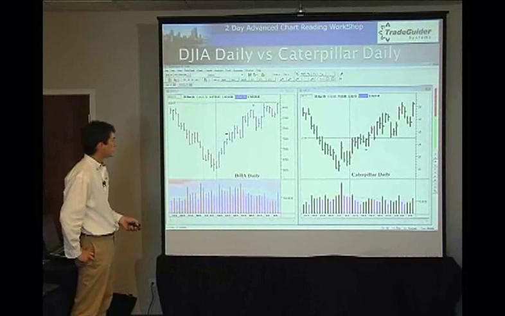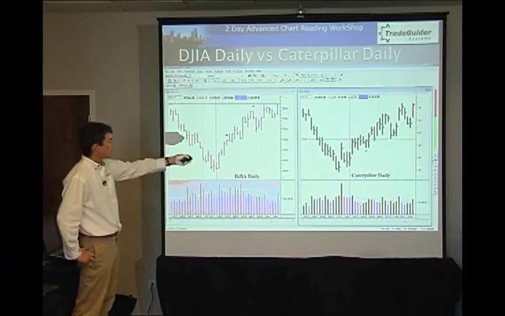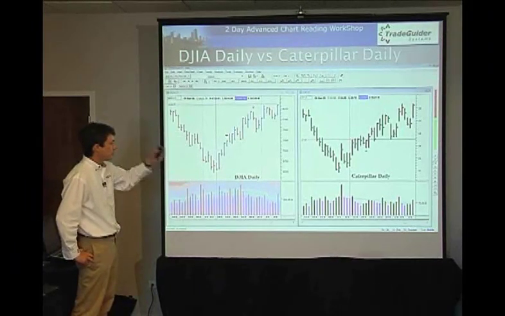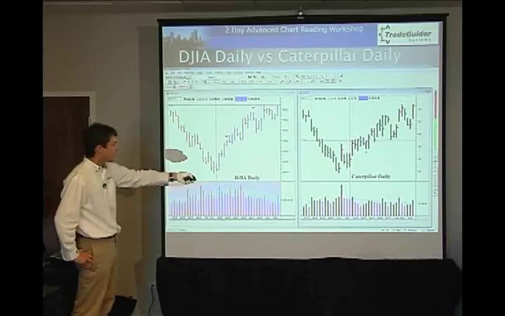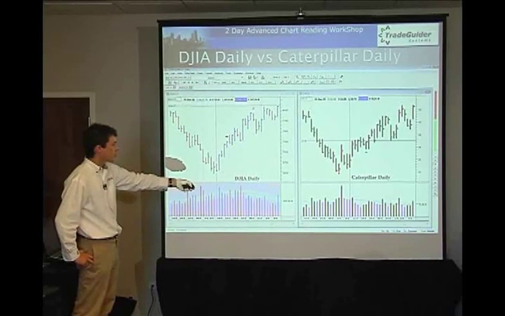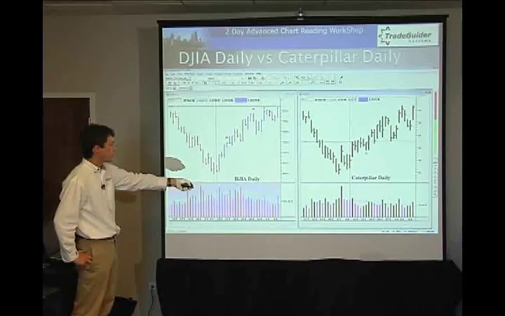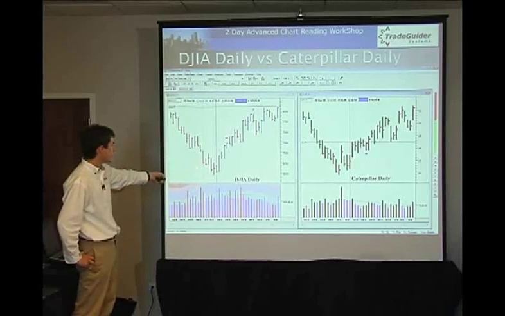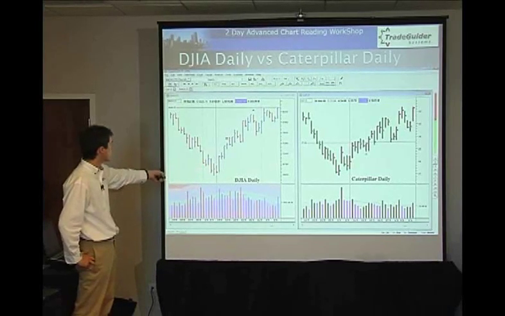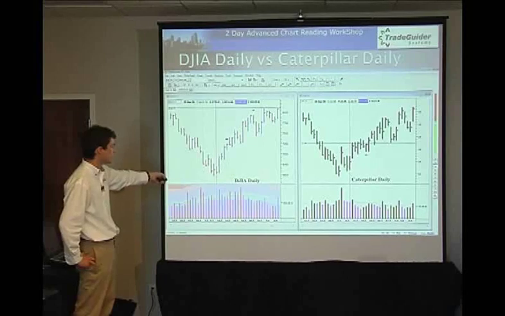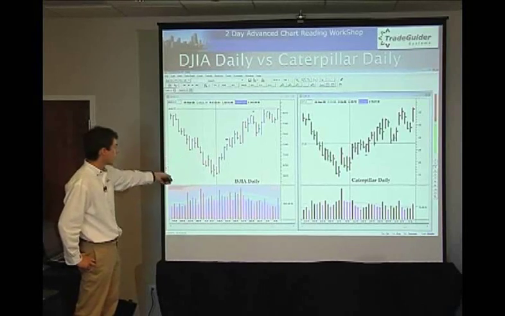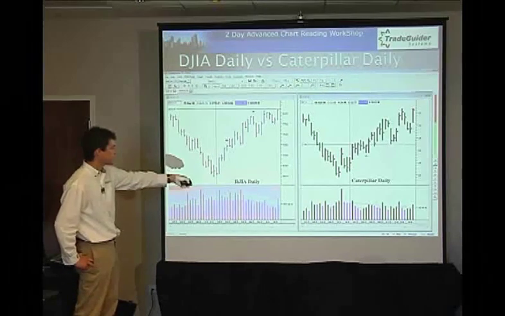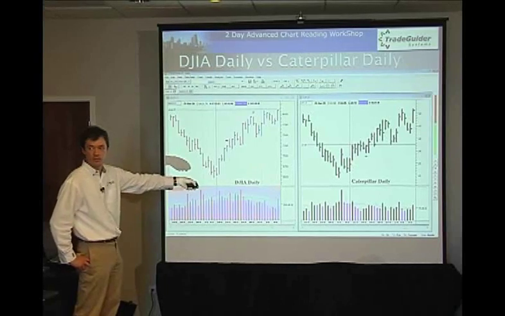Now, as you can see here, this is Caterpillar, and even though that's quite high volume on an up bar, this stock has actually bottomed out back here before the Dow Jones Industrial Average has bottomed out. So it's already starting to go up whilst the Dow Jones is starting to go down. Can you see how the Caterpillar is now rising?